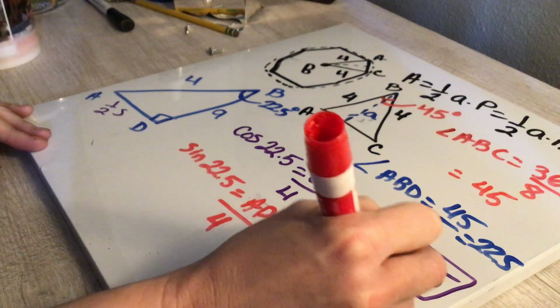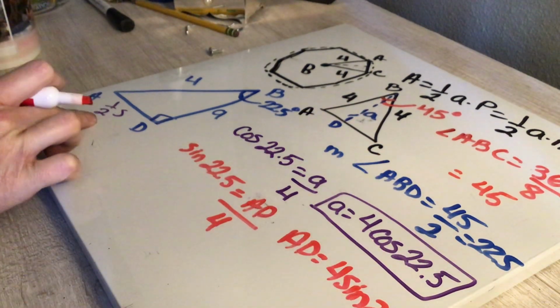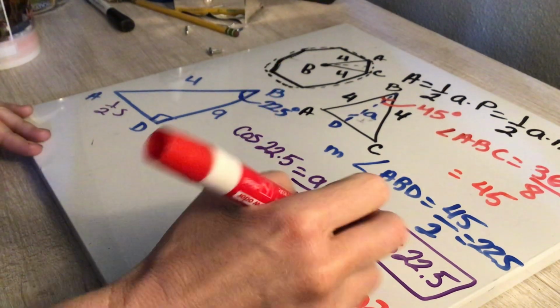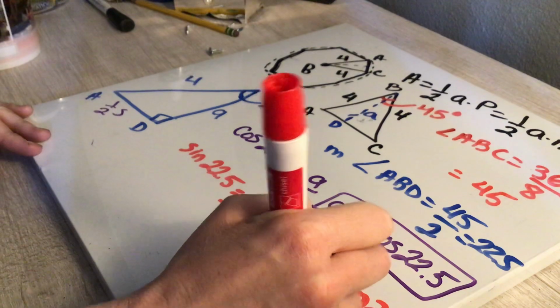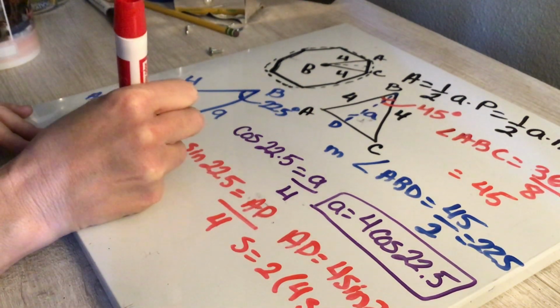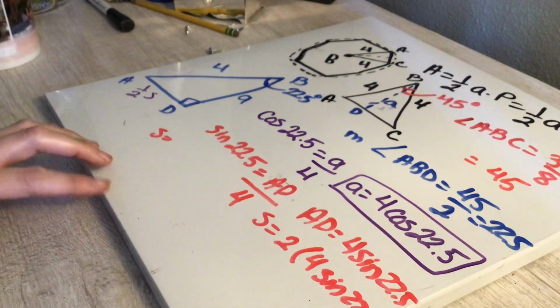AD is 4 times the sine of 22.5. That's only half of our side, so our side length is twice this. So our side is going to be 8 times the sine of 22.5.